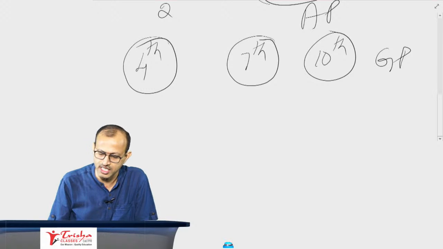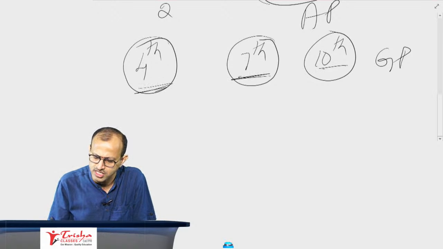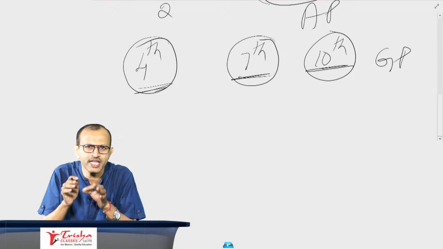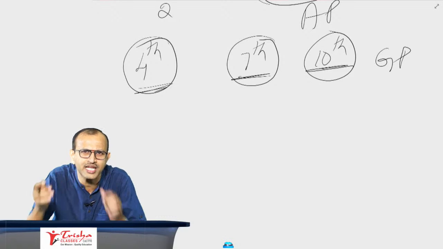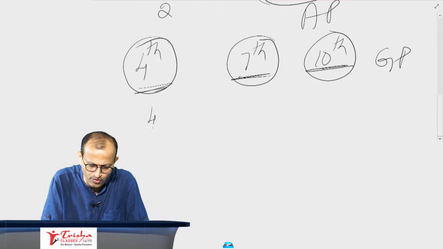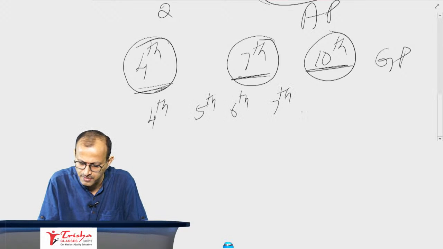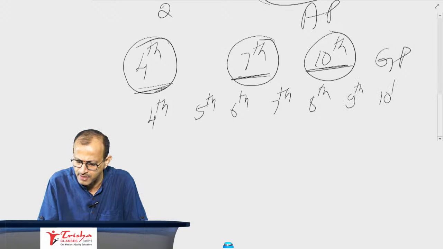Okay. When you take 4th, 7th and 10th, do you agree the 7th is the exact middle term of the 4th and 10th? 4th number, 5th number, 6th number, 7th number, 8th number, 9th number, 10th number.